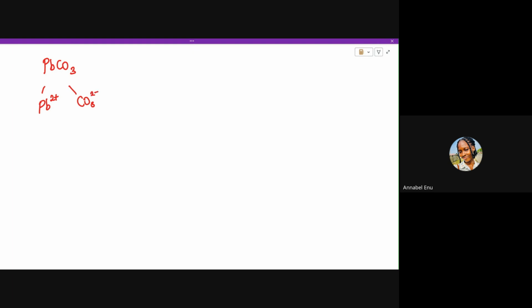So to get the formula, when we do the crisscross method, it will be Pb2 and CO3 2. The 2 cancels out the 2, so we have PbCO3. Now this is lead 2 carbonate, and it's an inorganic salt.